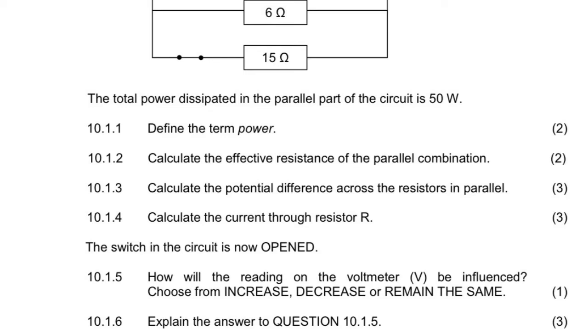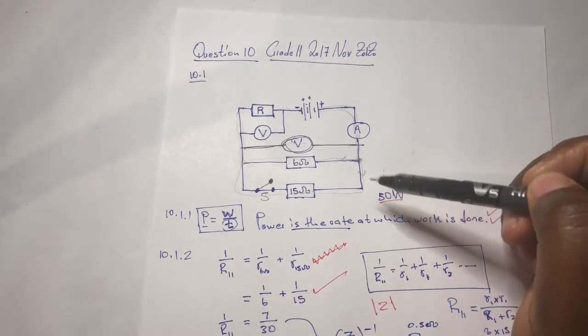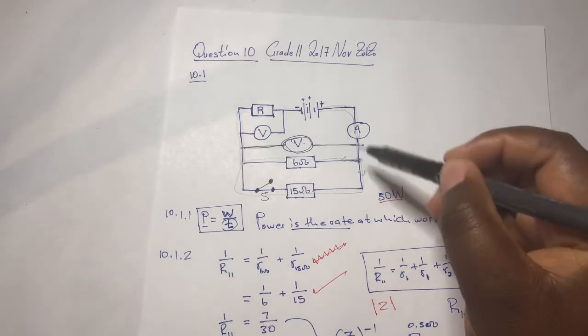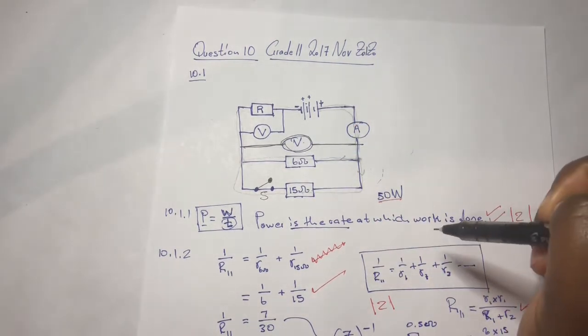I'm glad we've got the next question, which says, explain the answer to question 10.1.5. So I've answered that question using the information, the background that I have relating to circuits. I know it's going to decrease.